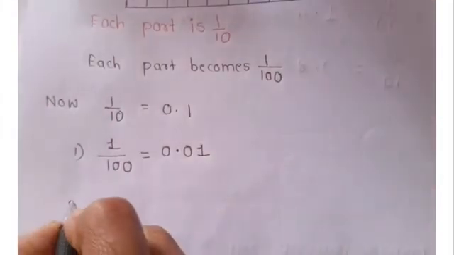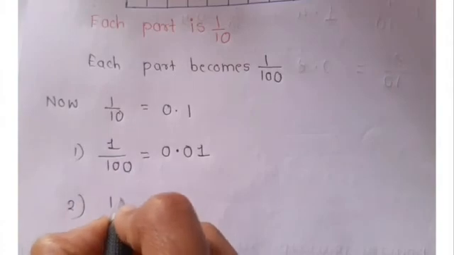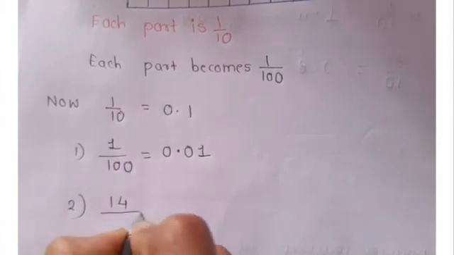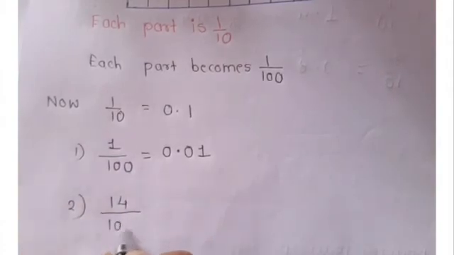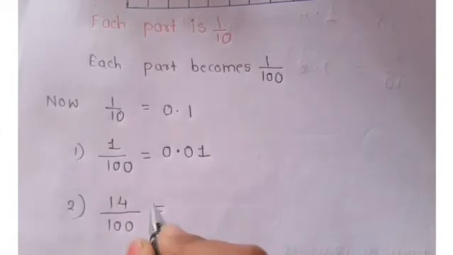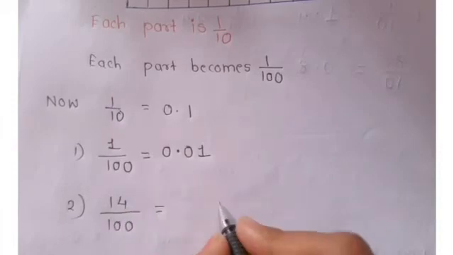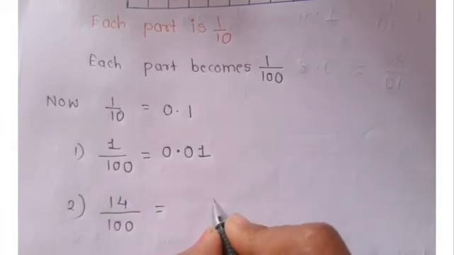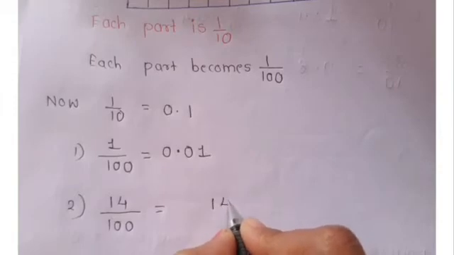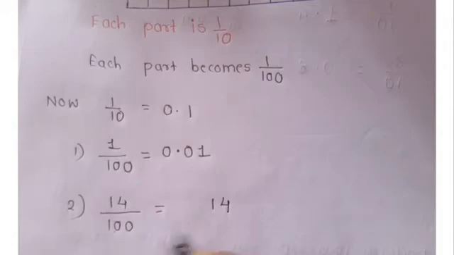Similarly, another example, 14 upon 100. How will you write it? We will write 14 and there are two zeros, 1, 2.